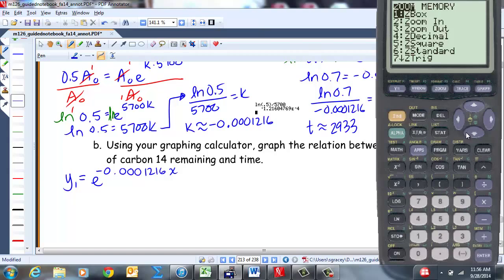One more time. Window. Oh, the half-life is 5,700 years, so let's go further. Let's go to 15,000. There we go.